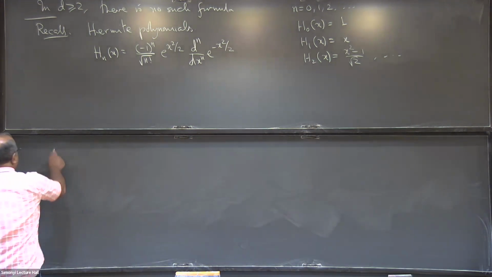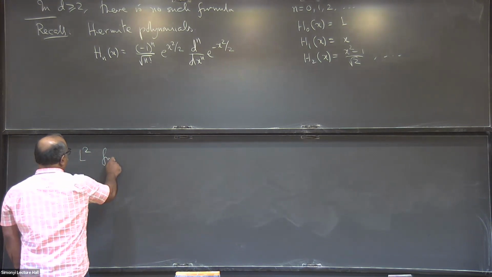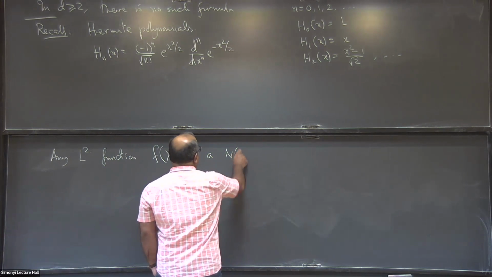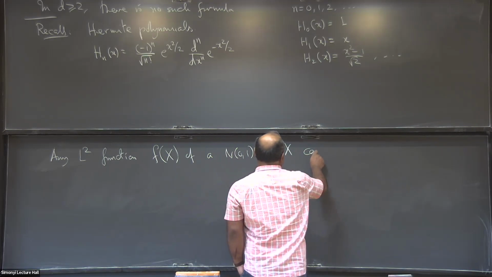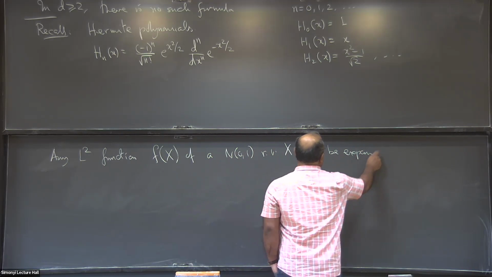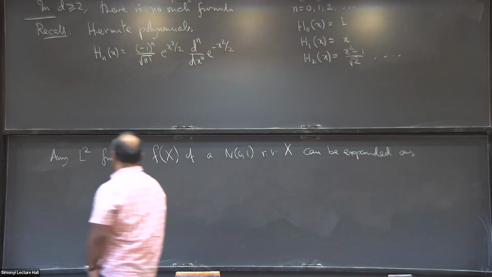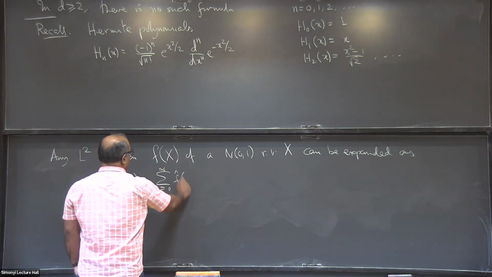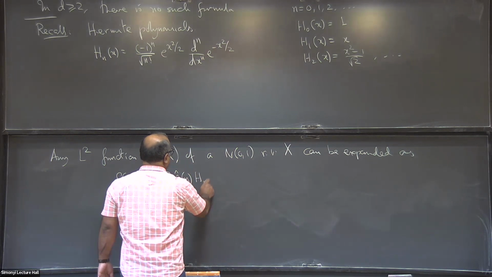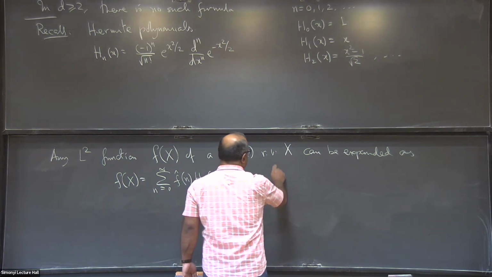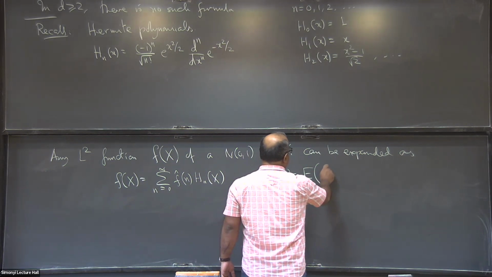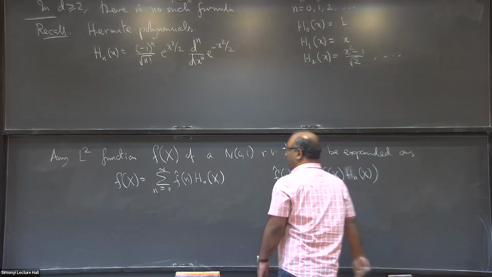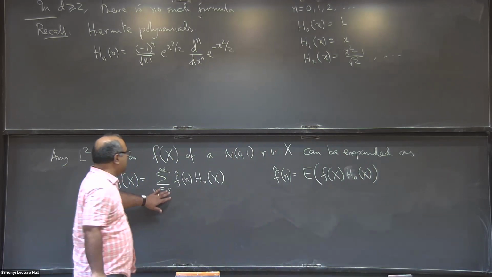is that any L2 function f(x) of a normal 0, 1 random variable x can be expanded as f(x) equals the sum over n equals 0 to infinity of f hat n times Hn(x), where f hat n, the coefficient, is just given by the expected value of f(x) Hn(x), where this sum means that it's the L2 limit of partial sums.